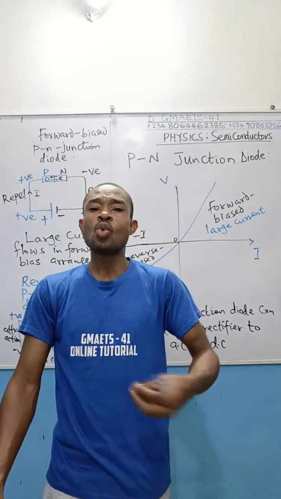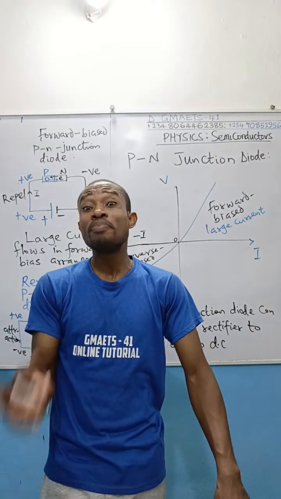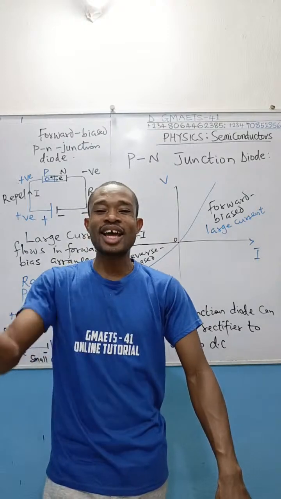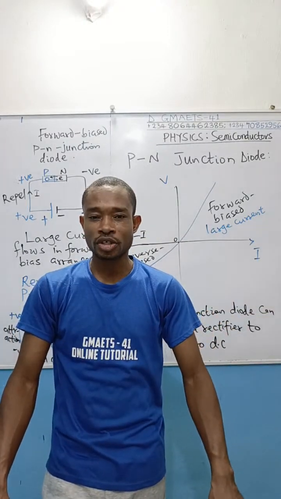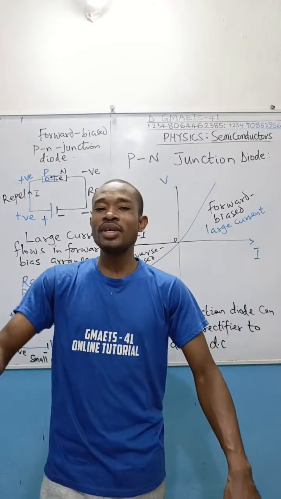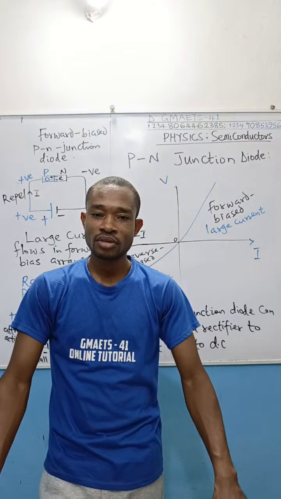It doesn't need to be warmed like the thermionic diode, because the thermionic diode makes use of thermionic emission for its operation. You have to heat it up so that the filament will heat up and then electrons will start to move.